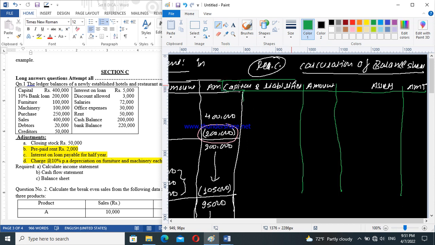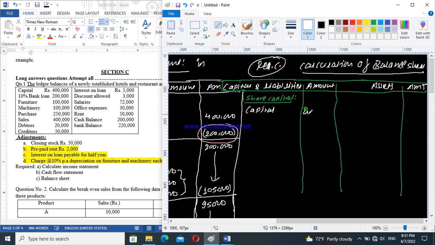Capital and liabilities involve share capital.